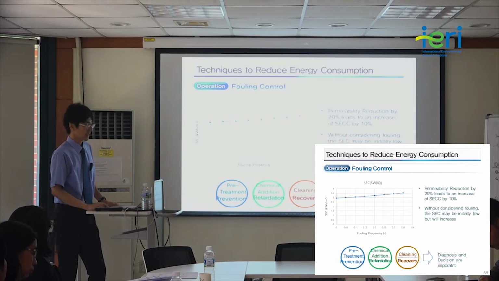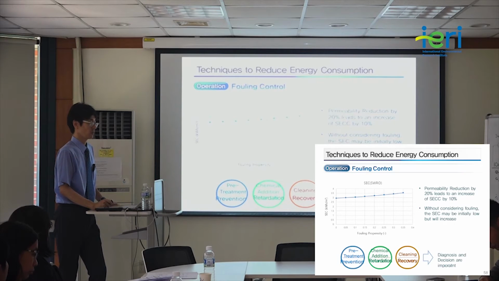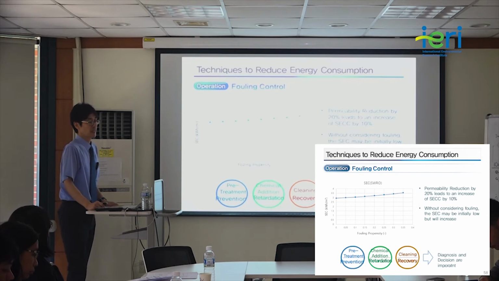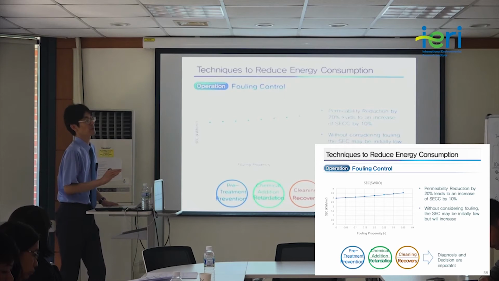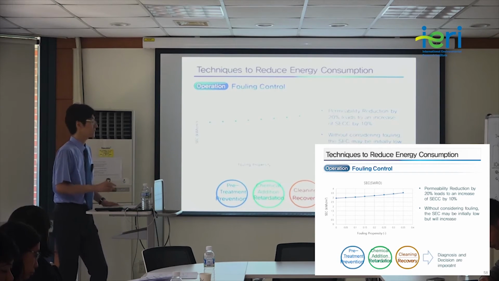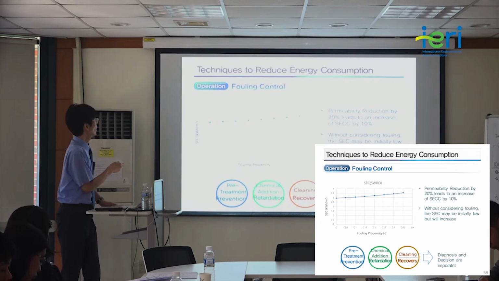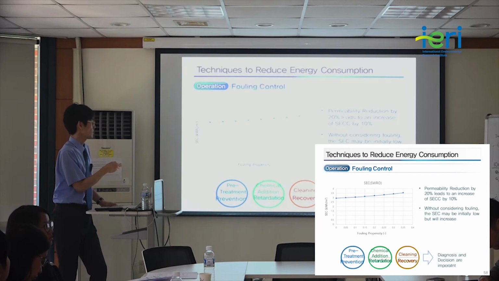Membrane fouling is not really a good thing, and in terms of energy consumption, if the water permeability of the membrane decreases, it leads to an increase in the specific energy consumption.